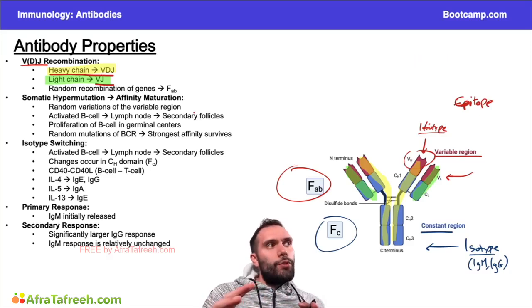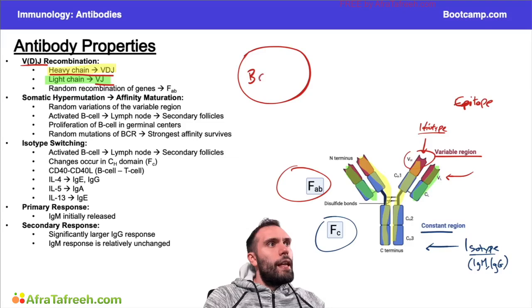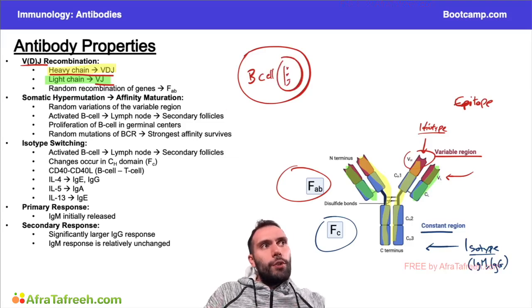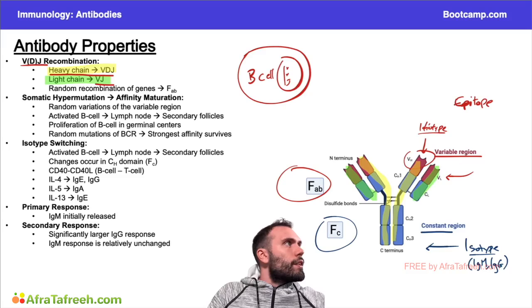But the thing that I want you to kind of take away from this is that this whole process of VDJ recombination, if you think about it, right, you have some B cell, and inside of this B cell is going to have these genes with the V segment, with the D segment, with the J segment. It's going to have those genes inside of the nucleus, and it's going to shuffle those genes around until we get some unique immunoglobulin receptor, right?